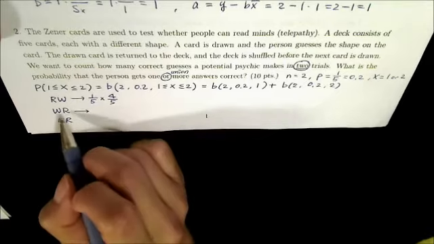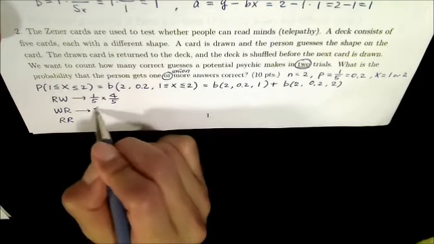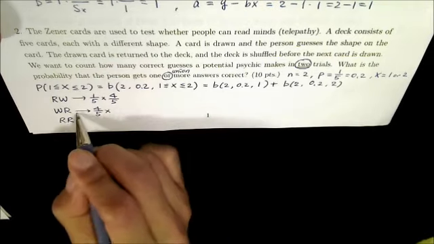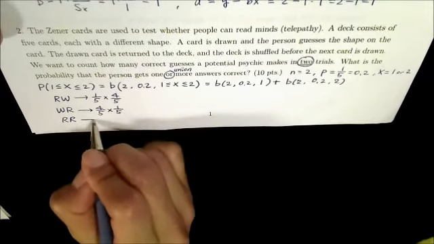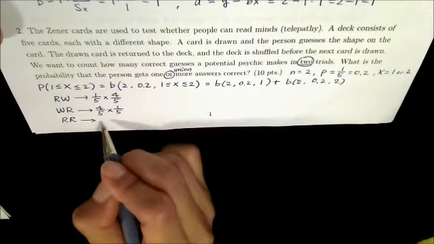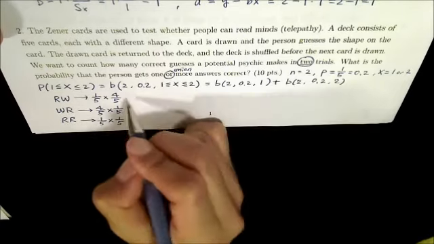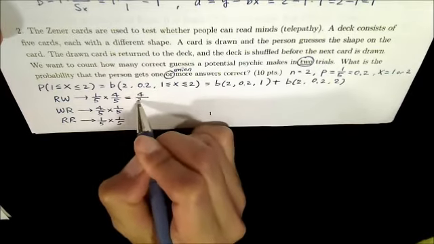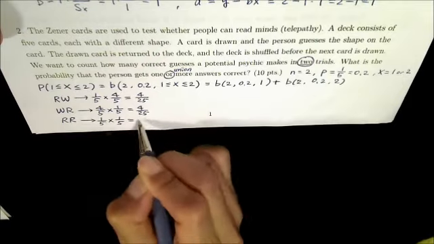In the second case, the first answer is wrong and the second answer is correct. So first, the probability of failure 4/5 times the probability of success 1/5. The last case, both answers are correct, so 1/5 times 1/5. So the first one is 4/25, second 4/25, third 1/25.